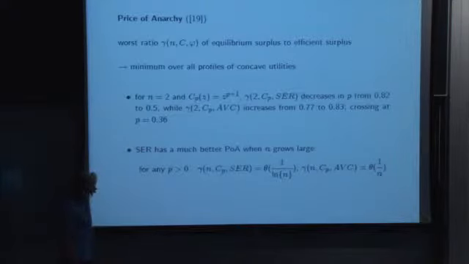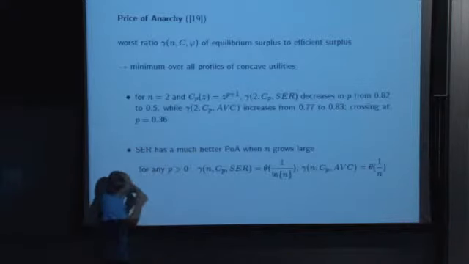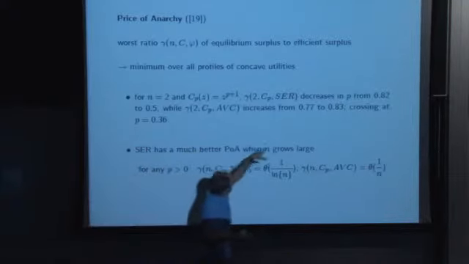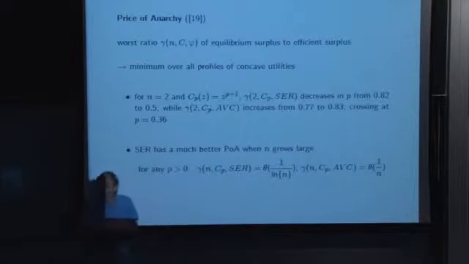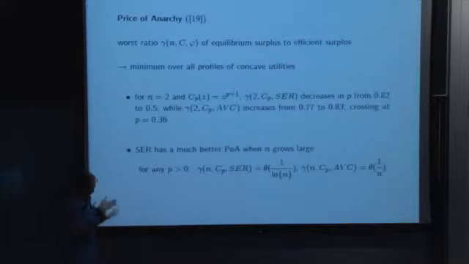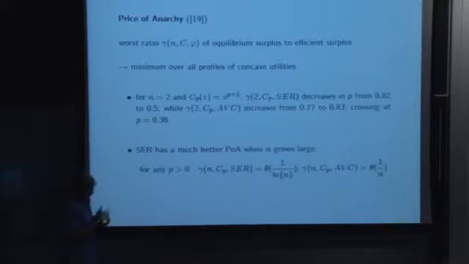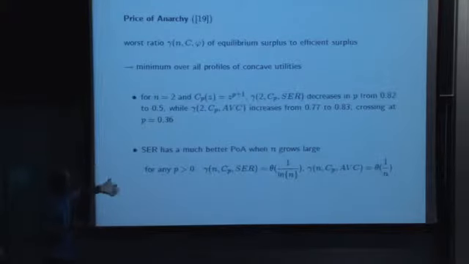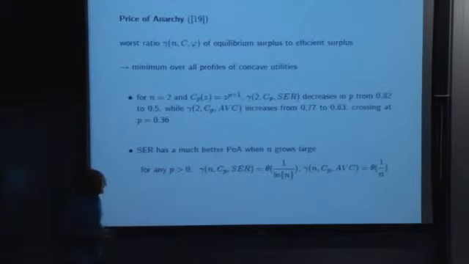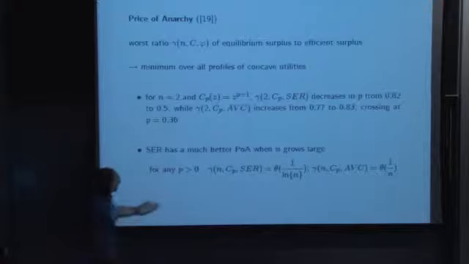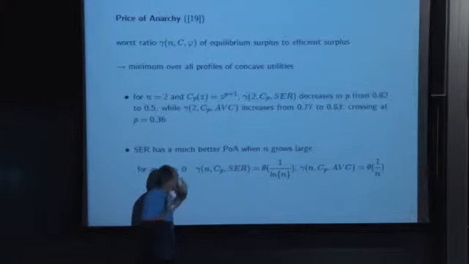The serial mechanism, for very steep marginal cost, only captures 1/2 in the worst case, whereas for the average cost it actually goes in the other direction, and it preserves at least 77% all the time of the surplus in the worst case. So it's clearly better. But on the other hand, when you increase the number of participants, then the serial mechanism has a very strong advantage, because the worst efficiency of average cost is not that great.